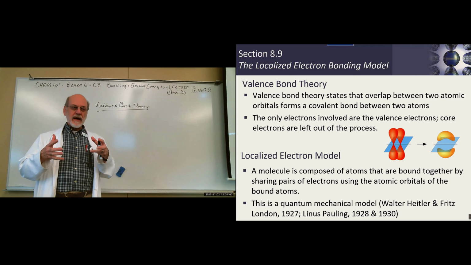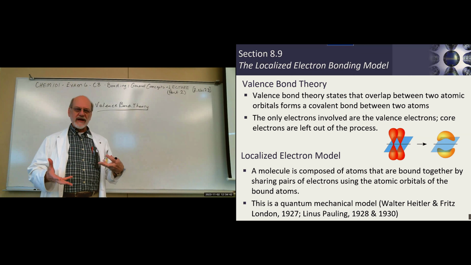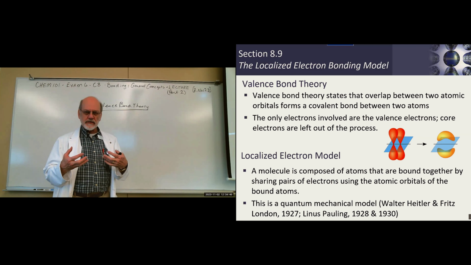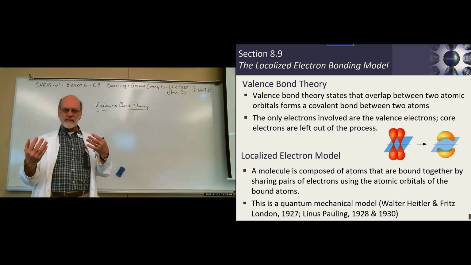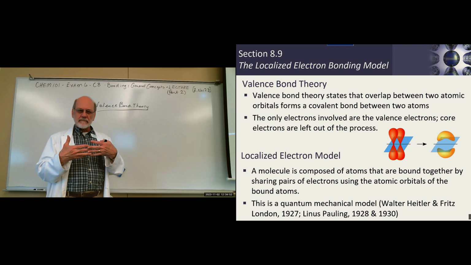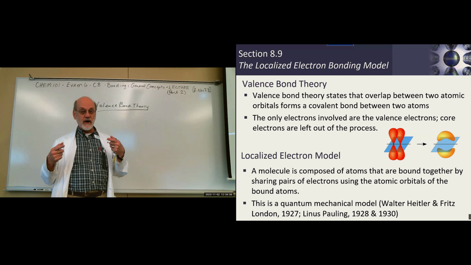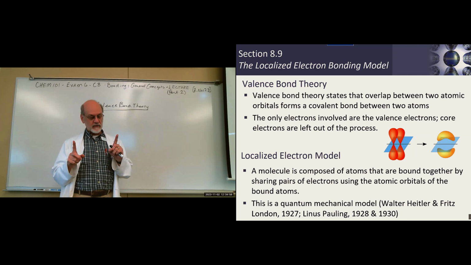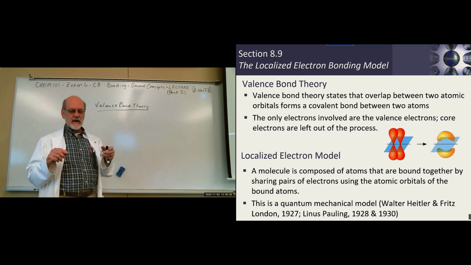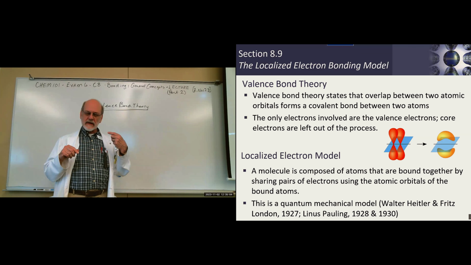So when we talk about a bond formation between two atoms, and the electrons belong to each of the atoms and they share, then the valence bond theory simply says that only the valence electrons, not the core electrons, are in their atomic orbitals.